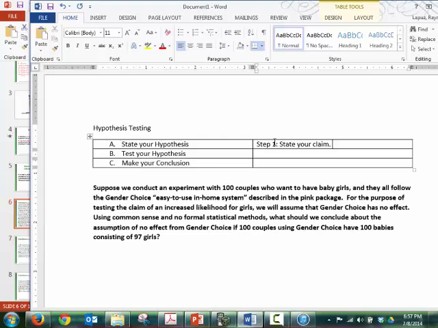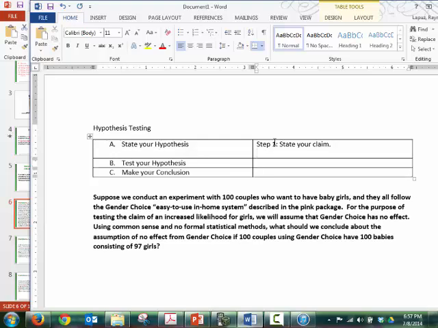Your statement has to be in a specific form. In this chapter at least, we're going to look at our claim as a parameter that you're testing.